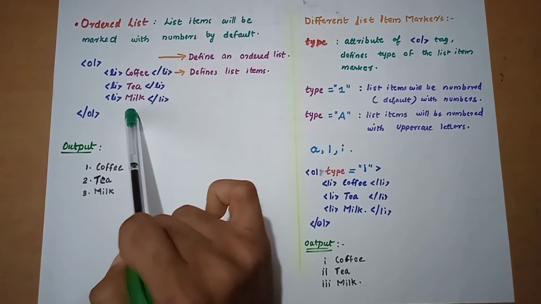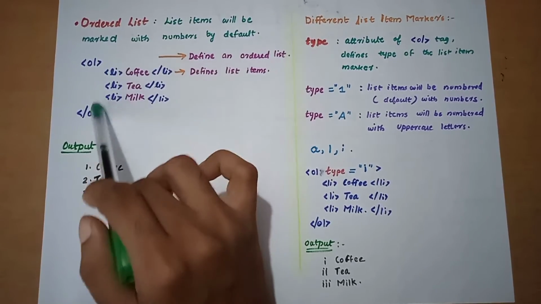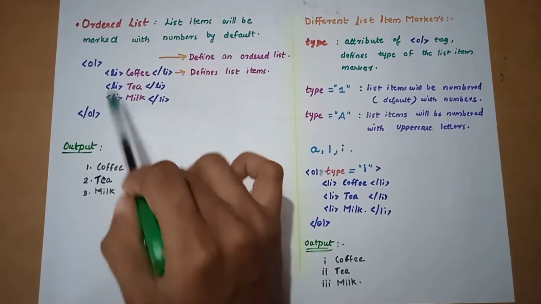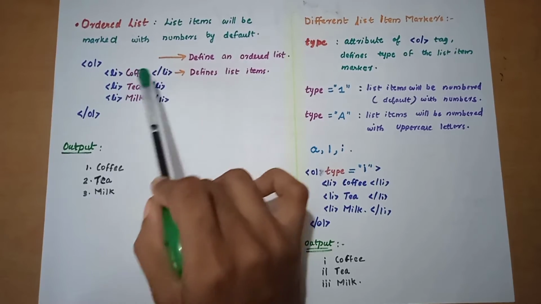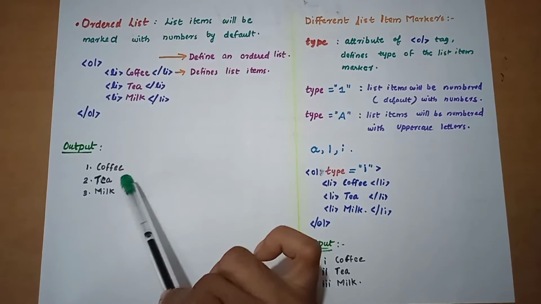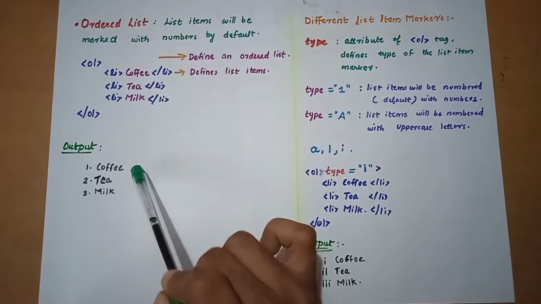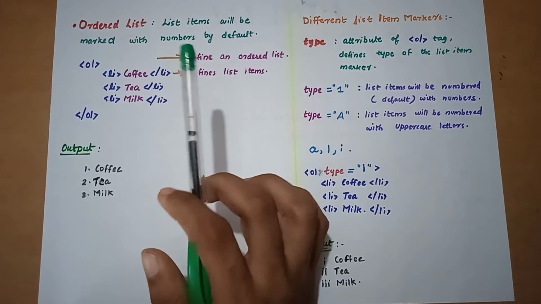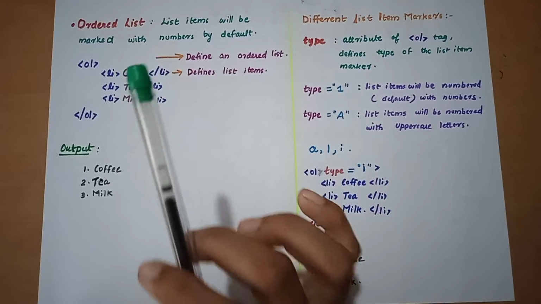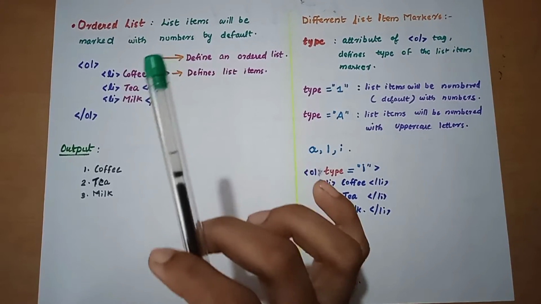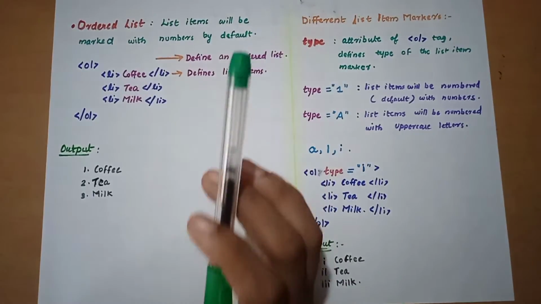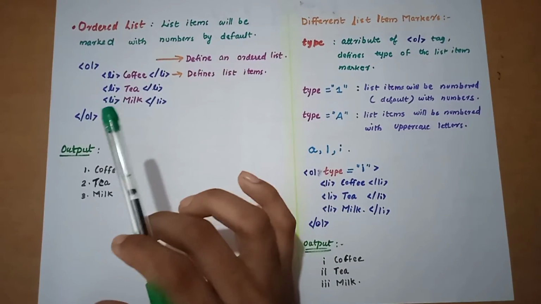We don't change the LI tags, because list items are always defined inside LI tags. This is the output we get from this code when we execute it. One thing to note: every single HTML code should be included inside the HTML tags and all the basic tags.